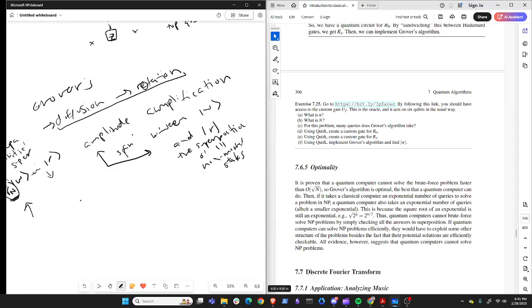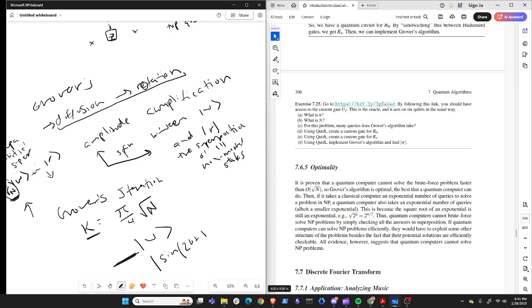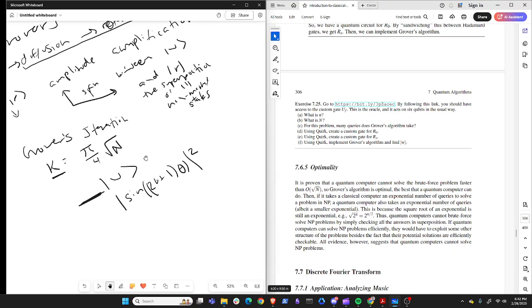Also, the optimal number of iterations for Grover's, as we saw in that example we worked through, is given by K, which is equal to pi over 4 times the square root of n, such that when we have reached K iterations and check the probability of W, the amplitude, we get sine of (2k plus 1) theta, which equates to 1.